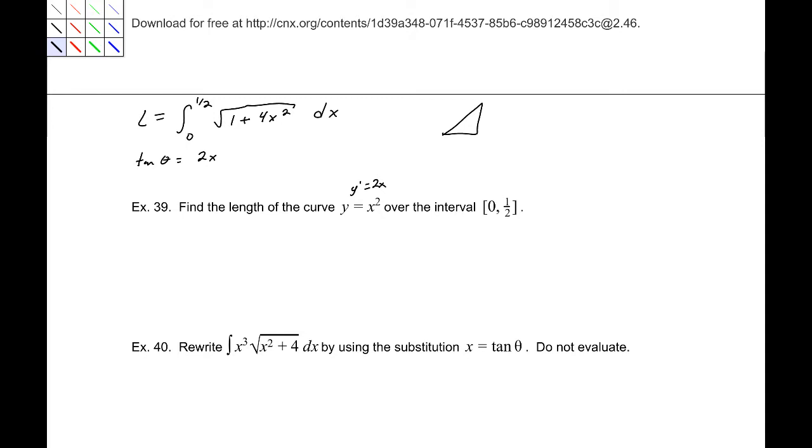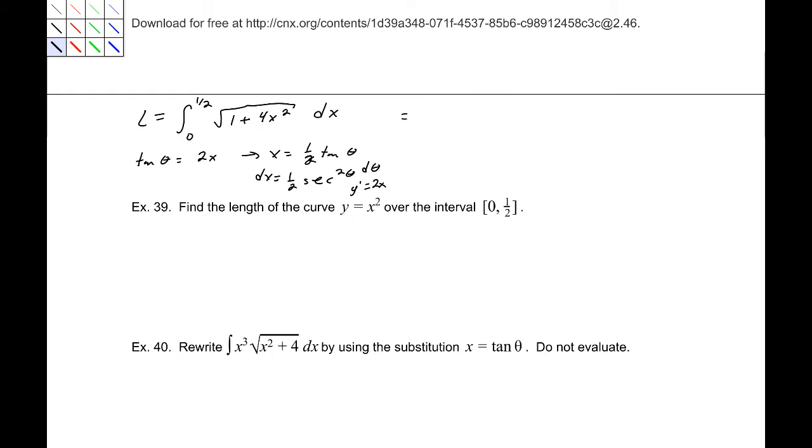Well, one thing to notice is that actually means x equals 1/2 tangent theta, and dx is 1/2 secant squared theta d theta. Alright, so let's go ahead and make these substitutions. I'll come back to this reference triangle in a second.